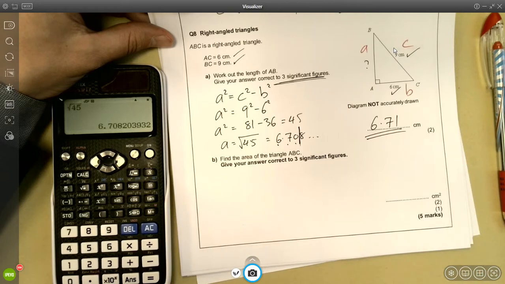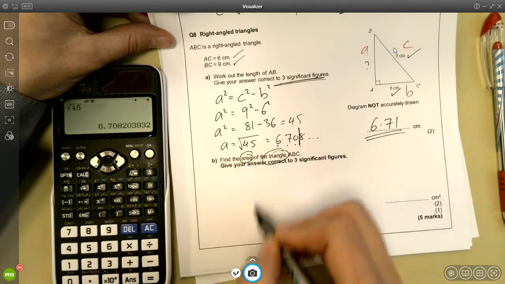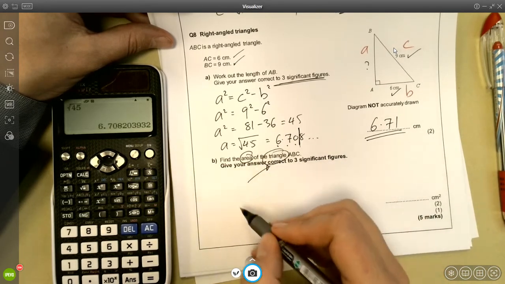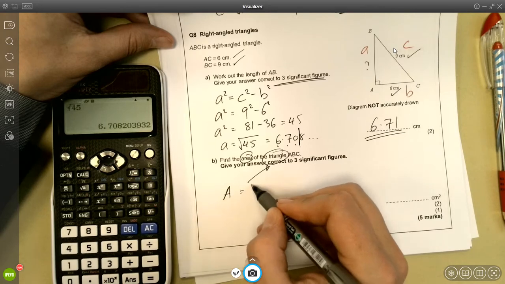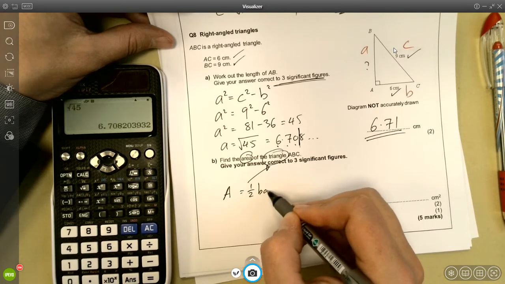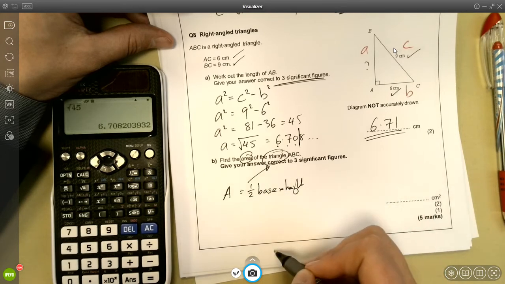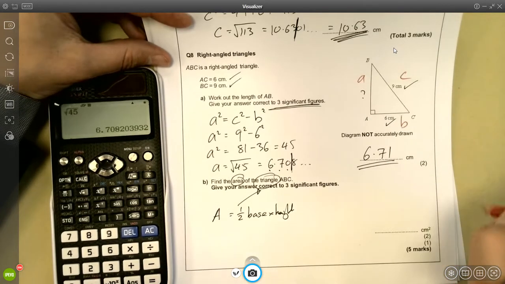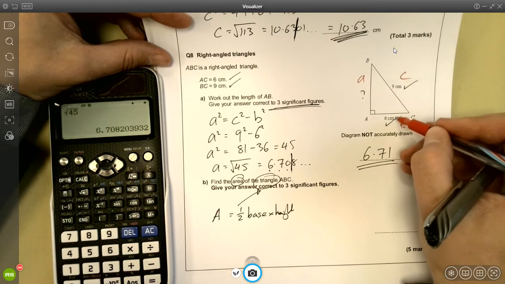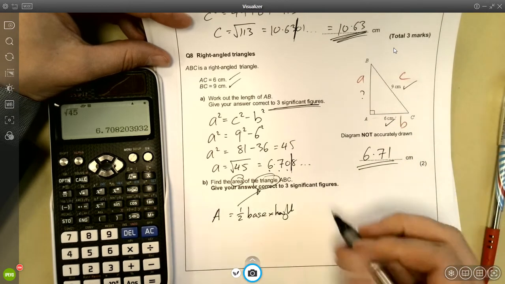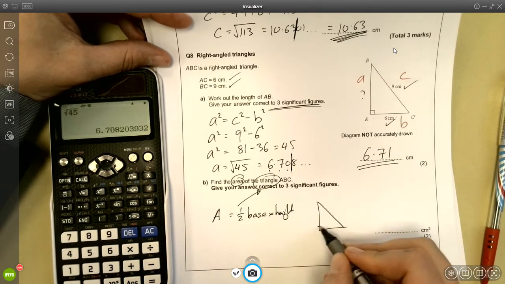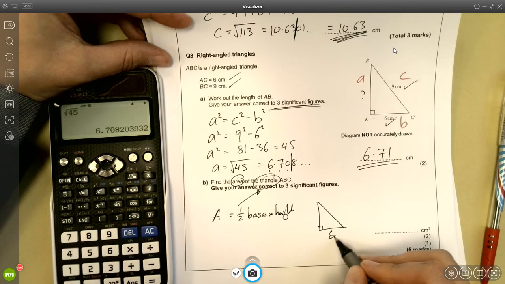Next up, we've got area of a triangle. Okay, well, first up, the area for a triangle is half times the base times the height. So let's have a look. On our triangle, we've got the base, that's 6. The base is 6 centimeters.